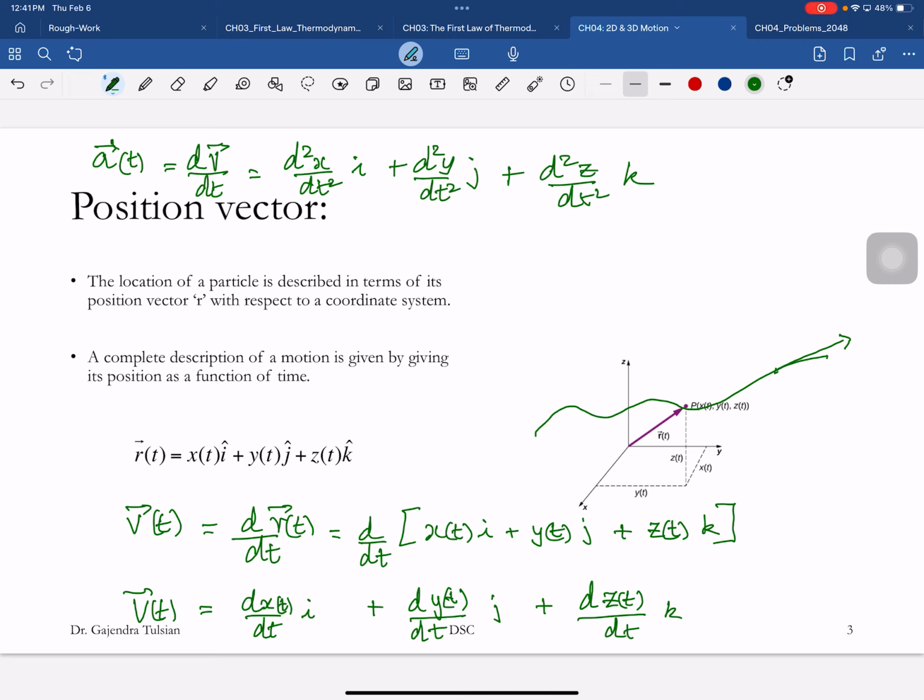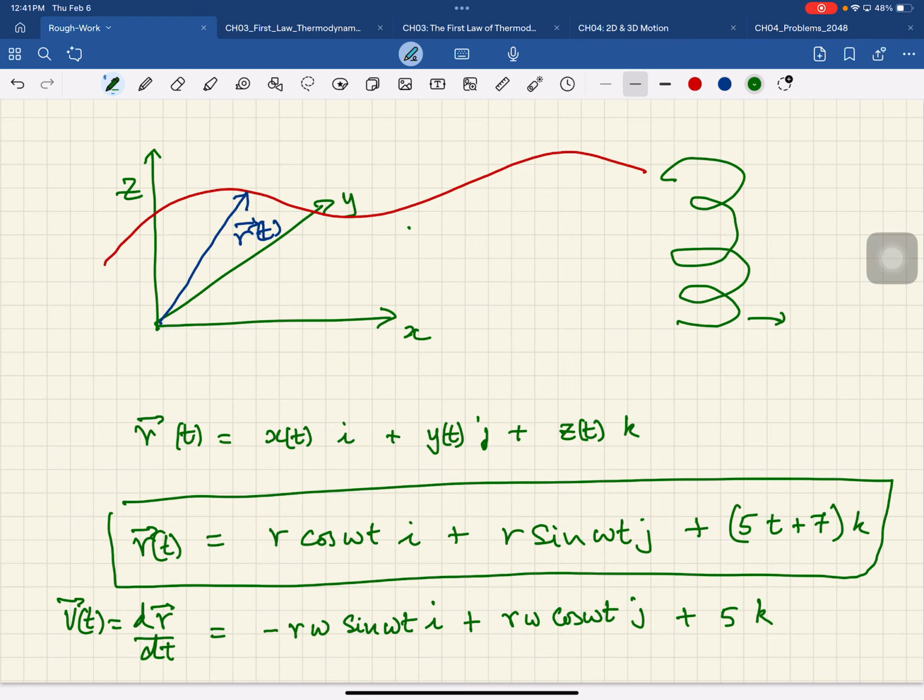Okay? All right, so help me out with this thing. So there's the velocity.